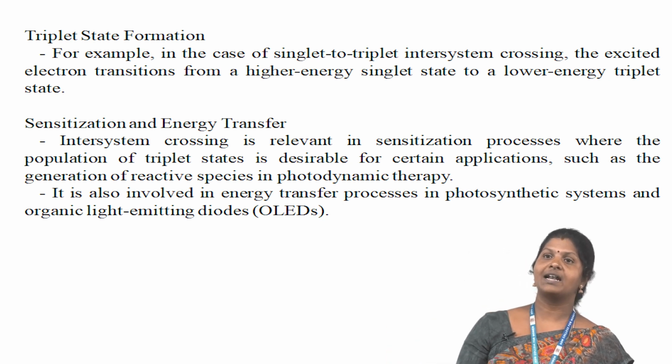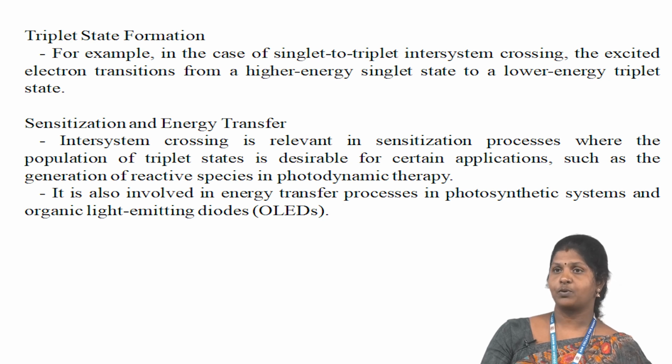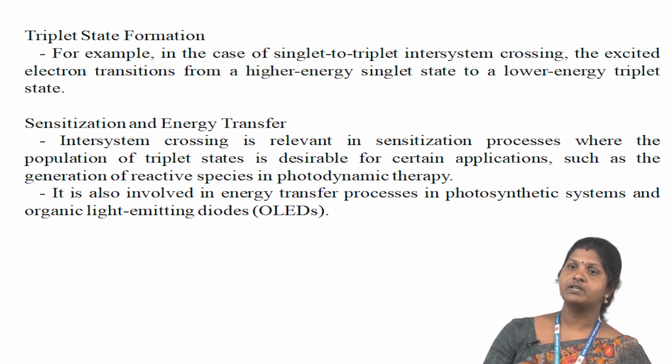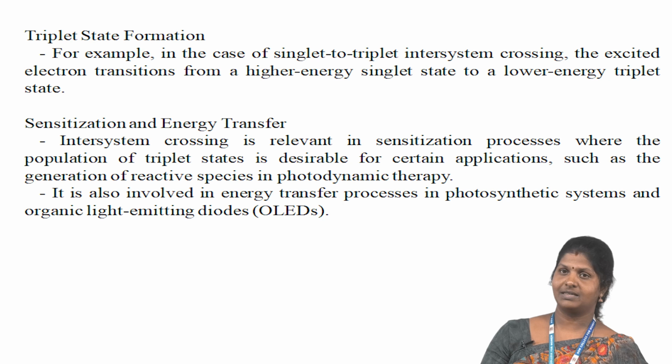The sensitization and energy transfer: intersystem crossing is relevant in sensitization processes, where the population of triplet states is desirable for certain applications, such as the generation of reactive species in photodynamic therapy.